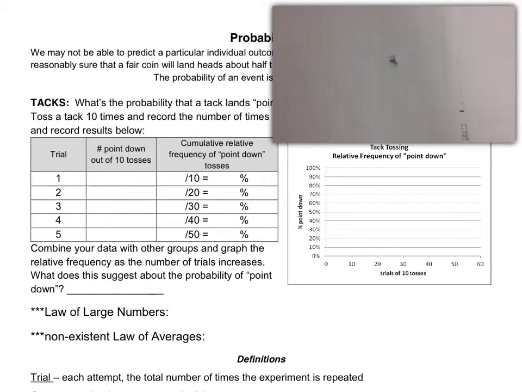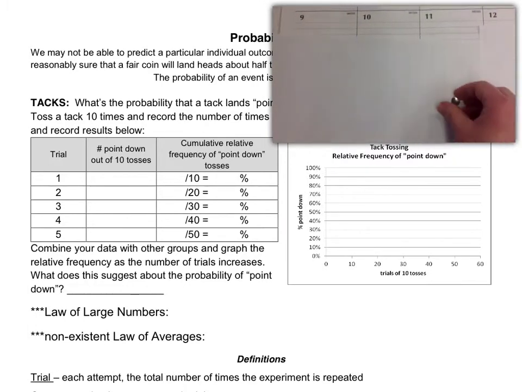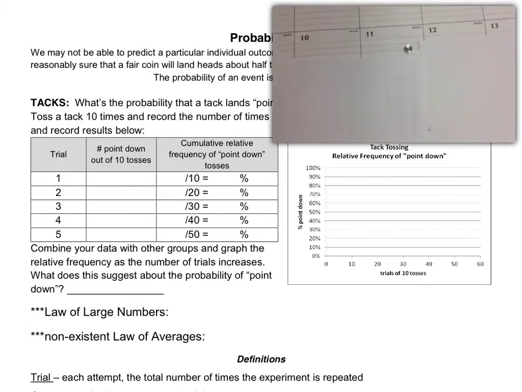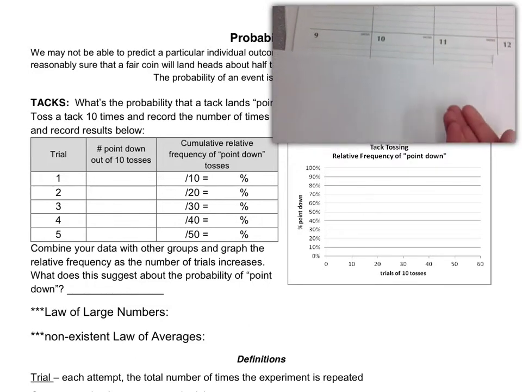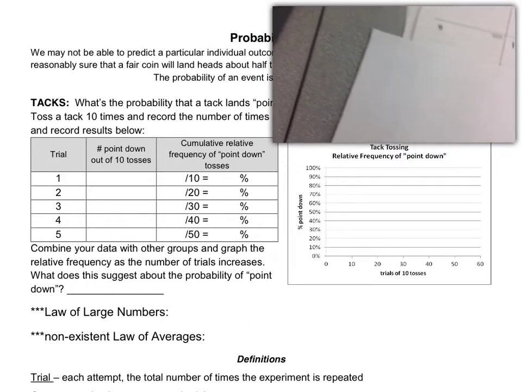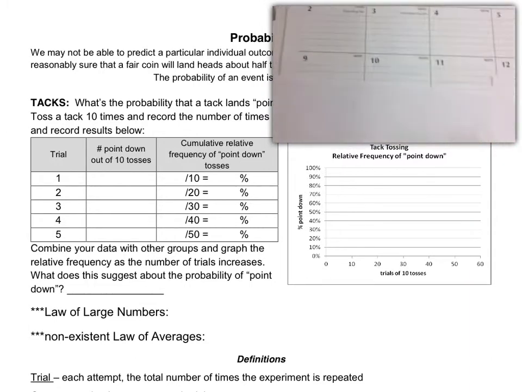So what's the probability a tack will land point down? Well, let's do our trial of 10. You can do it at home if you have a tack. There's 1. There's 2. There's 3. Not us so far. There's 4. There's 5 tosses, and notice it's tacked down, so that's 1 out of 5.